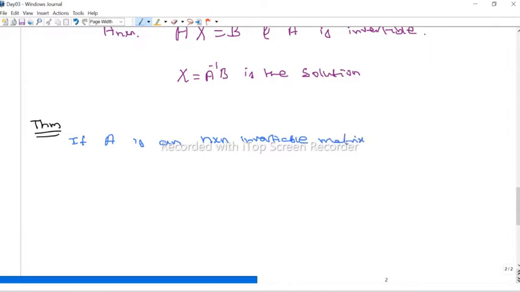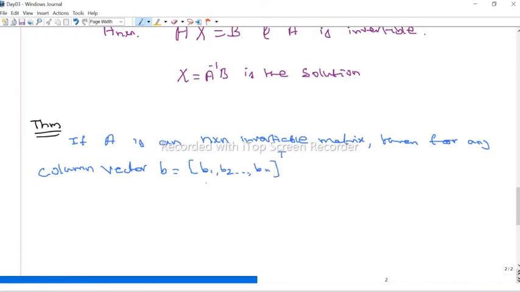Then for any column vector B, here they take small b, no need to take the capital B. The column vector B, we can write in the notation B1, B2, up to Bn transpose. That means you have to write it as a column. So I'm writing a row vector and then taking the transpose, so we get a column vector.